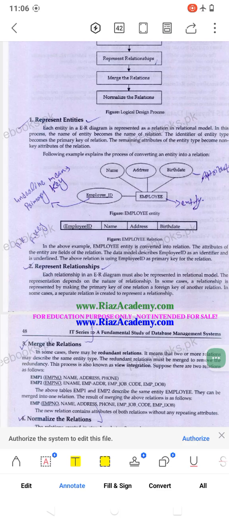First one, we represent entities. Each entity in an ER diagram is represented as a relation, and we can also discuss the type of data model. The ER model is basically a type of relational model.